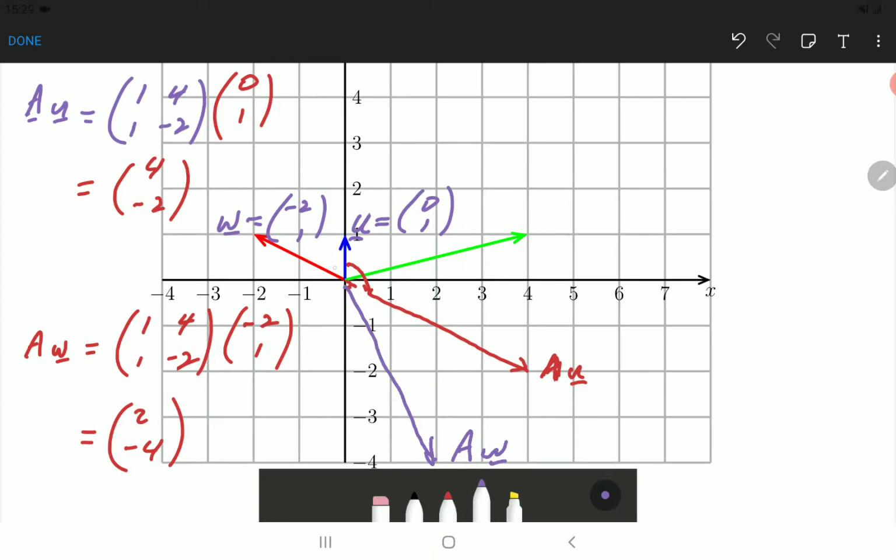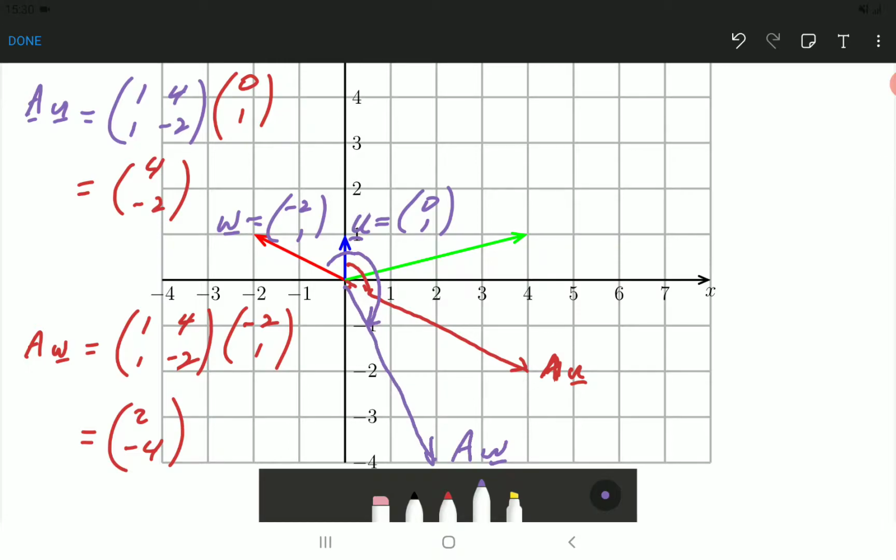So again, its angle is altered, and notice that the change in angle for w is different from the change in angle of u, because it depends whether you're looking at things in the counterclockwise or clockwise direction.